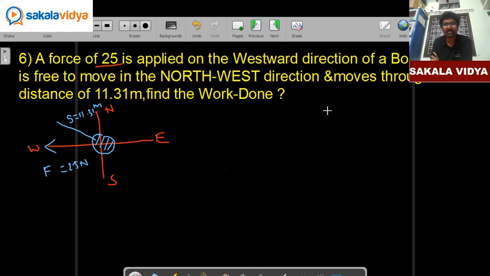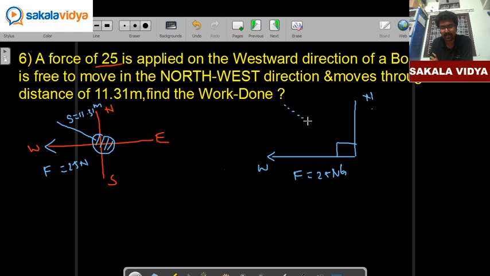If we draw the free body diagram of this, this is north and this is our west, where the force is 25 kilonewtons. The angle between north and west is 90 degrees, but the displacement acts exactly in the middle of this, so northwest. So the angle of northwest will be theta equal to 45 degrees. Force is 25 kilonewtons or 25 newtons, and displacement is 11.31.